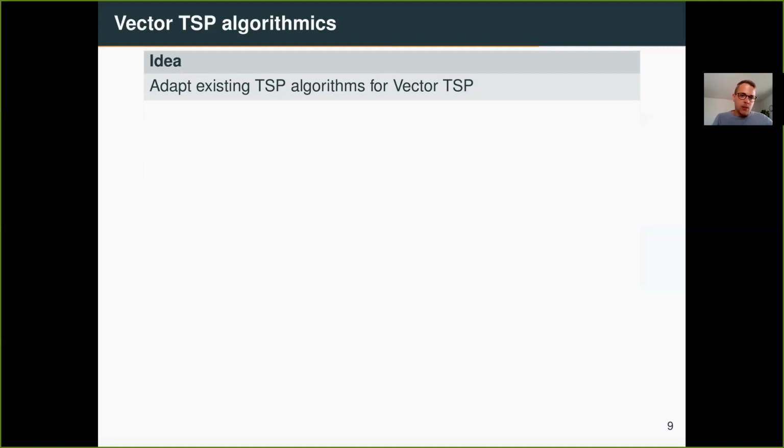So now let's look at algorithmics. A basic idea of everyone, I suppose, is that when you look at some new problem, maybe you want to see if existing algorithms already solve this problem or might be adapted to solve this problem.